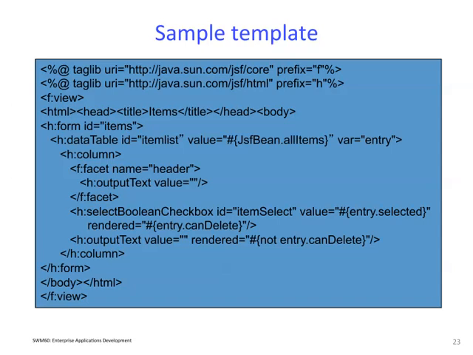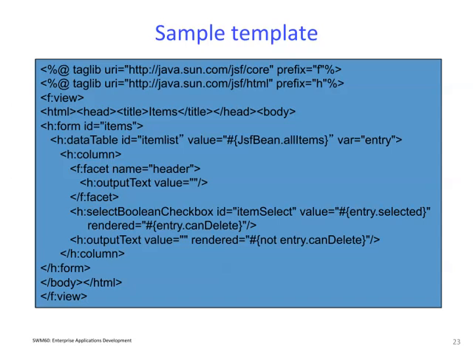So if it's F, it's a page element, we're saying this is the view of the page. H form is an HTML element, so this is a form element of the HTML page, and the items that go onto that form, for example, a data table with an ID, and the value is some JSF bean method, with items, and the variable is entry.